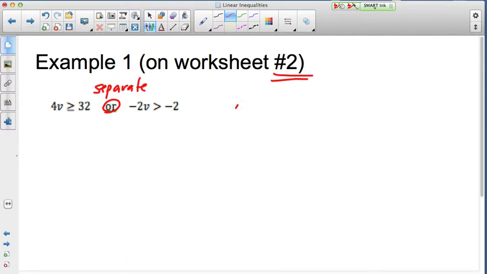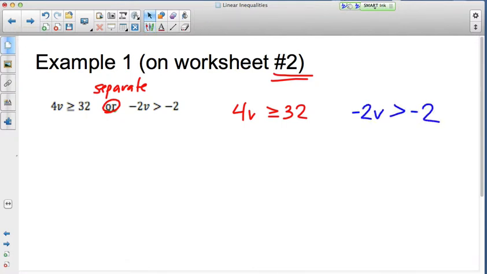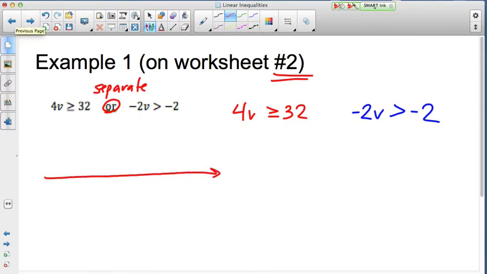So I'm going to write these side by side. 4v is greater than or equal to 32. And I'll do a different color here. -2v is greater than -2. And in order to graph this inequality on a number line, we're going to have to solve both of these.